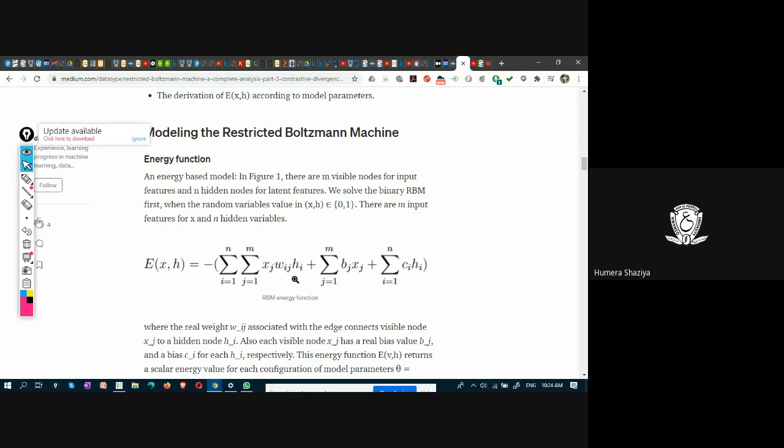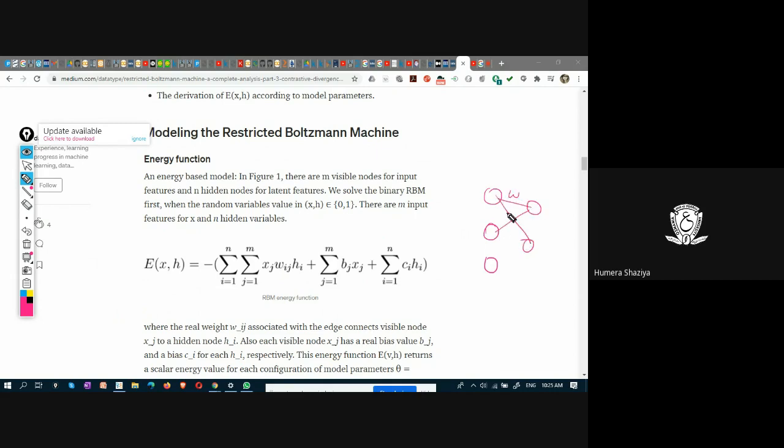You have to take every possible combination, right? And there are weights also associated. Every connection carries a weight, every connection between the nodes in the visible layer and the nodes in the hidden layer.